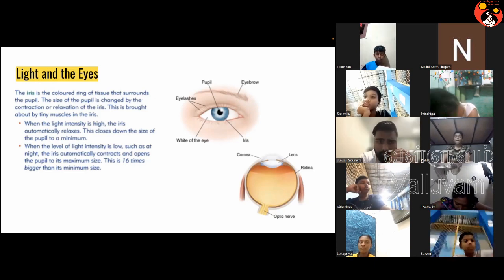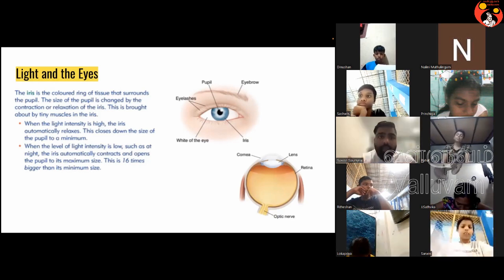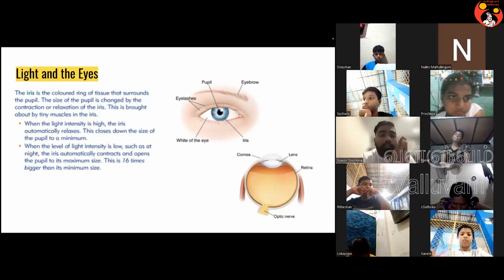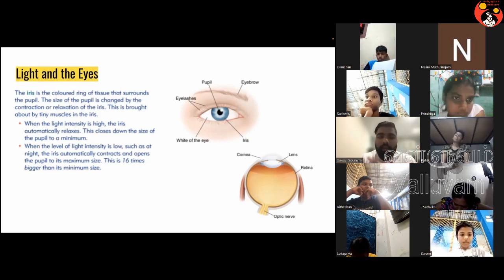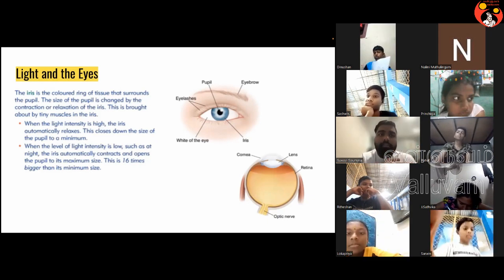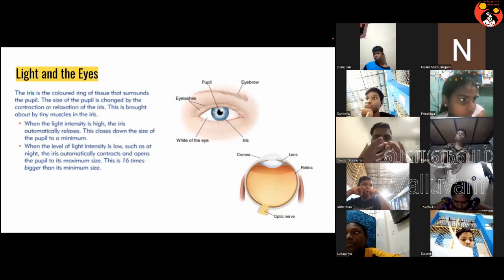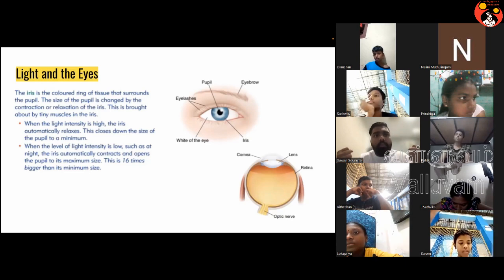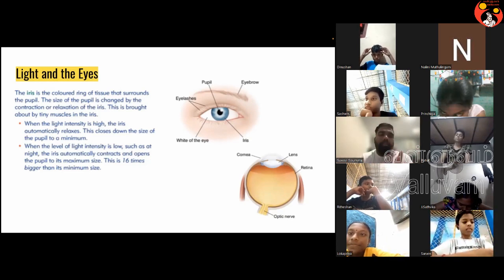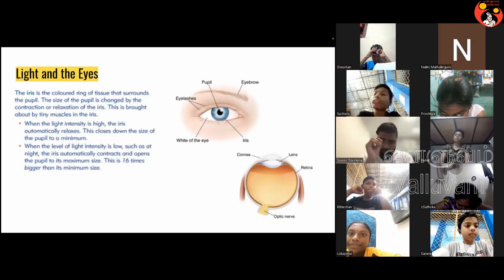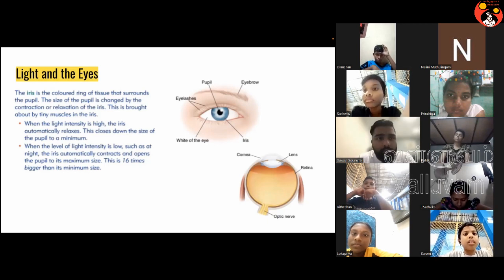And then when there's a low amount of light and we need to see in the dark, the pupil itself can become up to 16 times bigger than its smaller size. So you know how we were saying in the dark, the pupil becomes larger because the iris muscles contract, right? As that pupil becomes larger, it can be up to 16 times bigger than its smaller size.